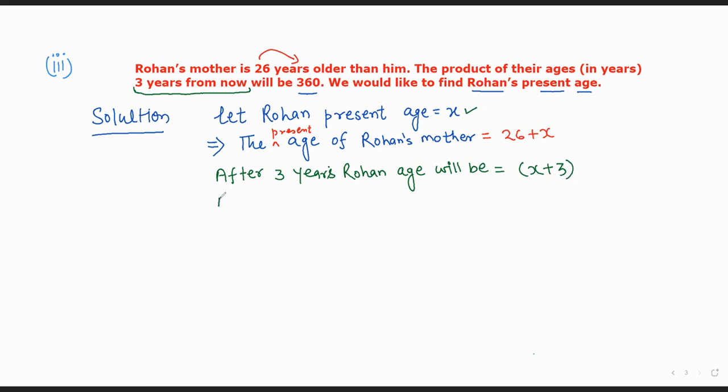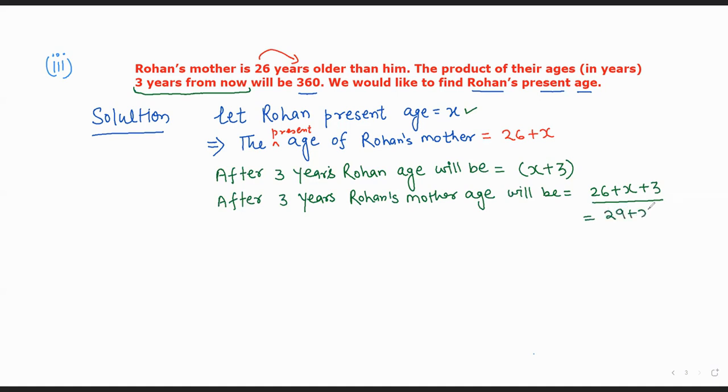And in a similar way, after 3 years, Rohan's mother's age will be, so today the present age of Rohan's mother is 26 plus x, and after 3 years it will be 26 plus x plus 3. So it is 29 plus x.